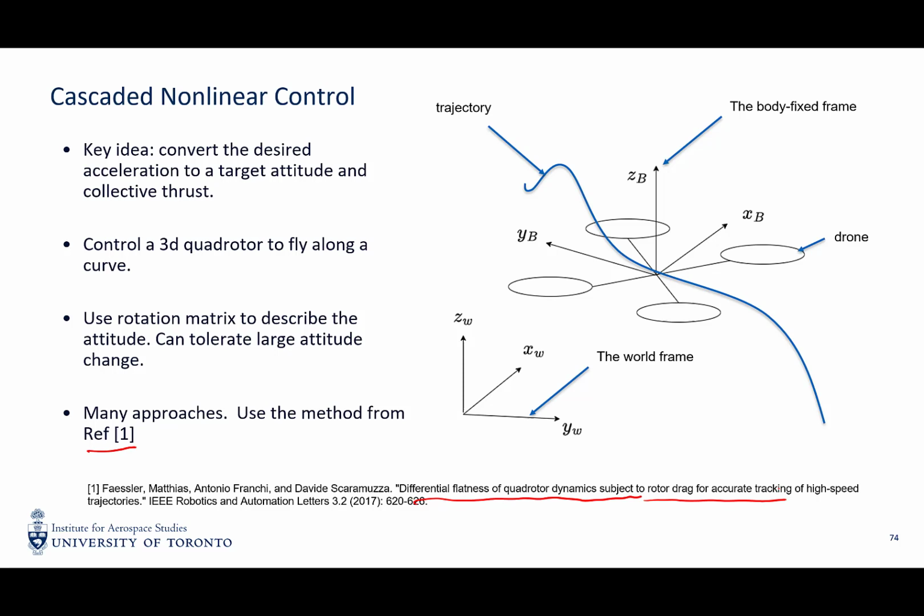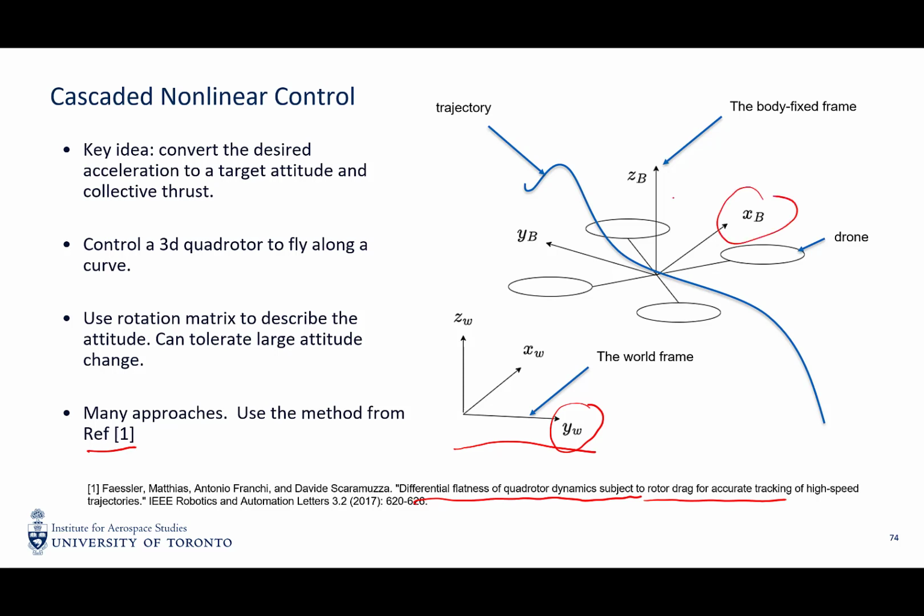As I said in previous slides, one way to circumvent the problems of Euler angles is to use the rotation matrix. Right? So this time, instead of forming a desired Euler angle based on the path error, we're going to form a desired rotation matrix based on the position error. This is the system setup. We have a world frame defined by XW, YW, and ZW.